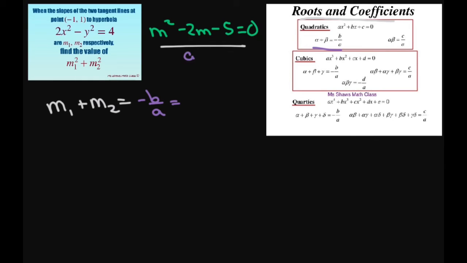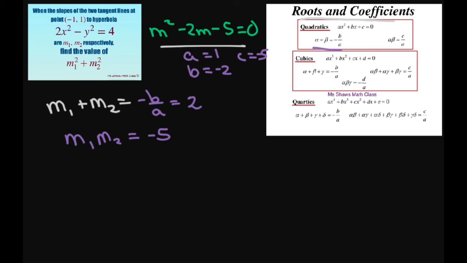My a is 1, my b is -2, my c is -5. So m₁ + m₂ equals 2, and m₁ times m₂ equals -5.